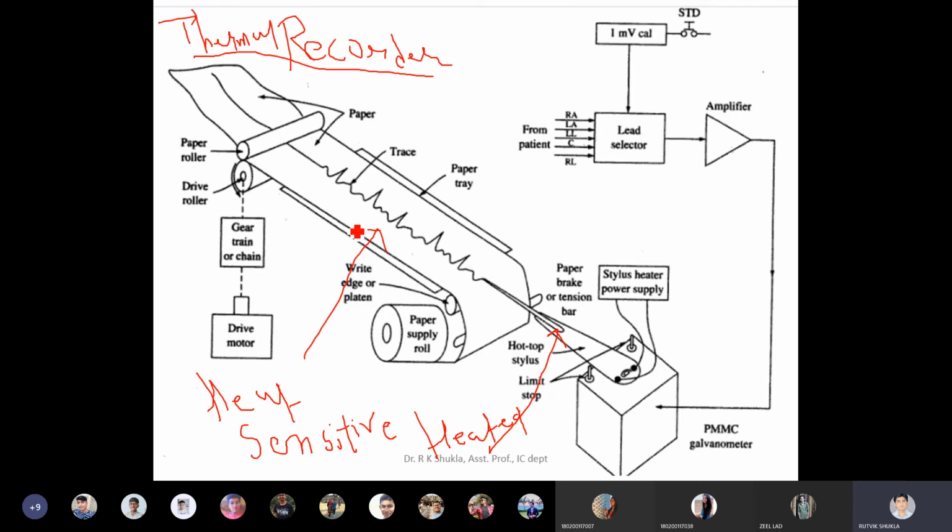So whenever the heated stylus and the heat sensitive paper come in contact, that particular part will become darken. એટલો part કાળો થઈ જશે, પેપર બળશે નહીં. So here you can see this thing. It is heat sensitive stylus which comes in contact with the heat sensitive paper. It will create a trace. Our trace બની જશે. This is one of the examples of thermal recorder.